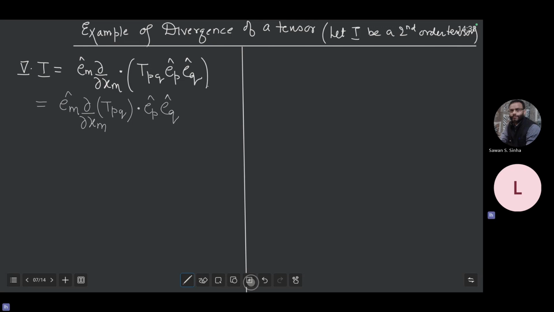So far I have used only the Cartesian coordinate system to simplify all vectors and tensors. Suppose you have a different coordinate system. Some situations arise where you have to express a tensor in a non-Cartesian coordinate system. Do you know any non-Cartesian coordinate system? Polar, cylindrical polar? One more you studied? Path coordinate system, right? Suppose you are forced to express unit vectors in non-Cartesian, and then you are asked to find things like del dot T. Del is acting on various things.